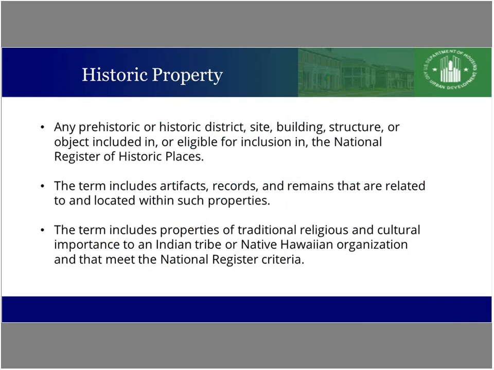They may meet the National Register criteria, but they have not been evaluated yet. The term includes artifacts, records, and remains that are related to and located within such properties, and very importantly, the term includes properties of traditional, religious, and cultural importance to Indian tribes or Native Hawaiian organizations.